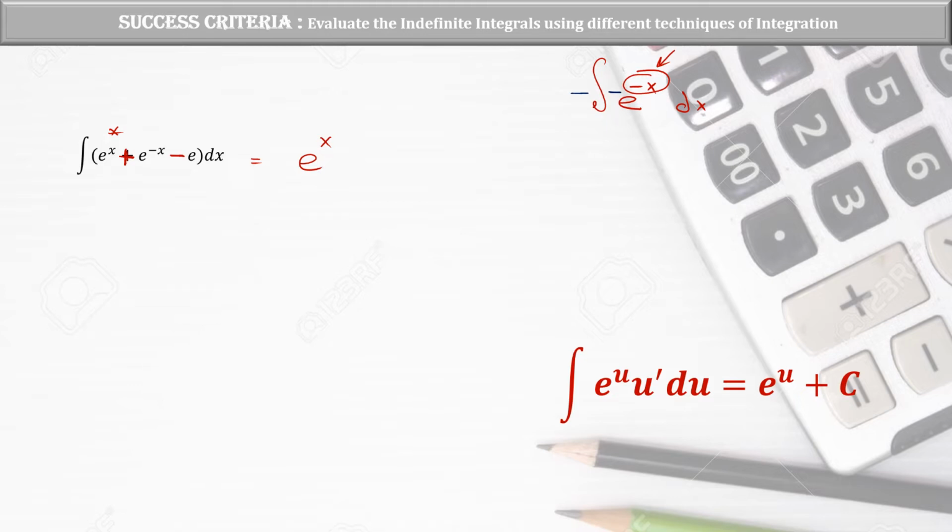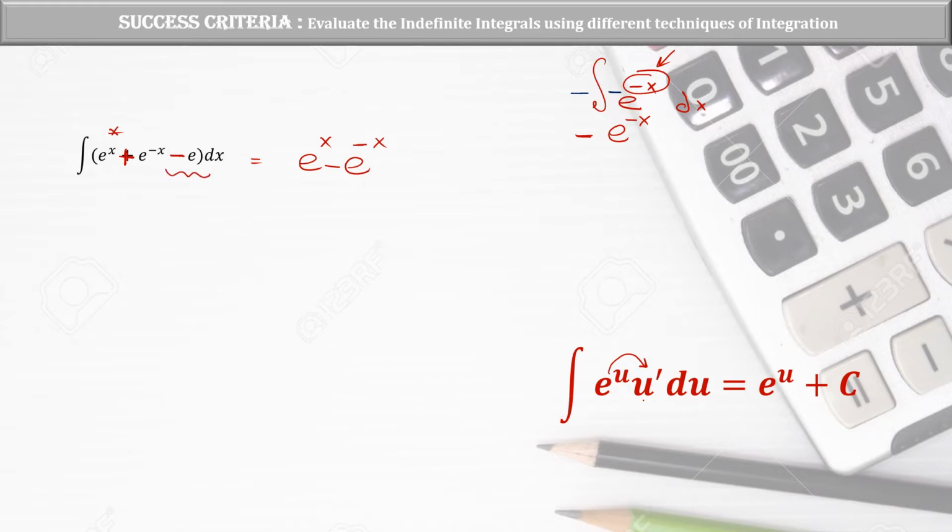The negative sign stays as it is, and the derivative of u is written inside, so the antiderivative of e to the power negative x is negative e to the power negative x.